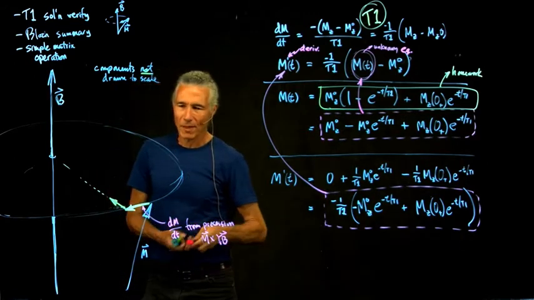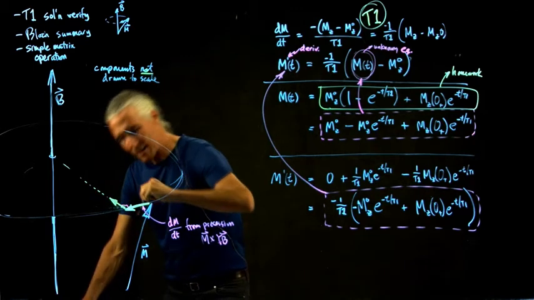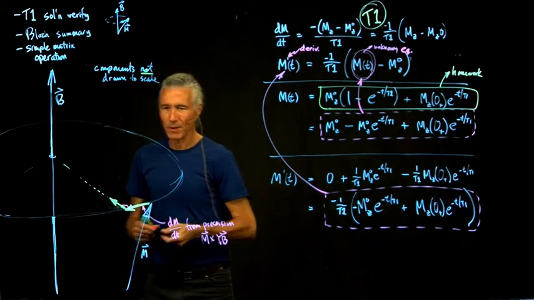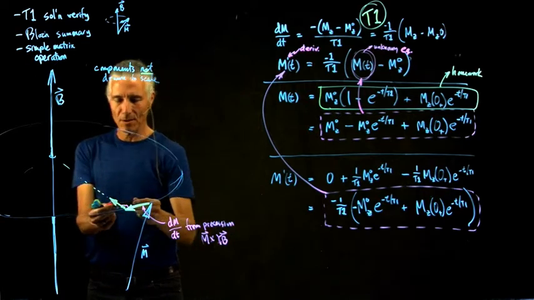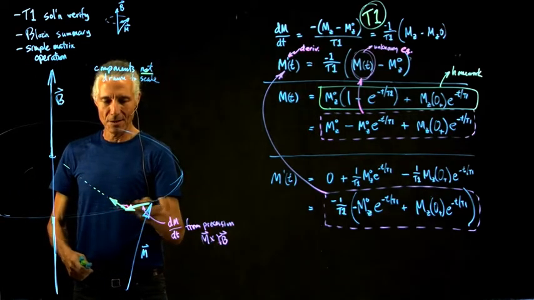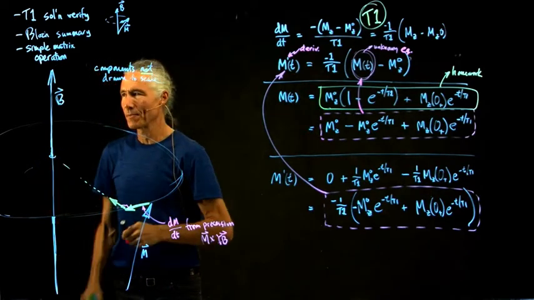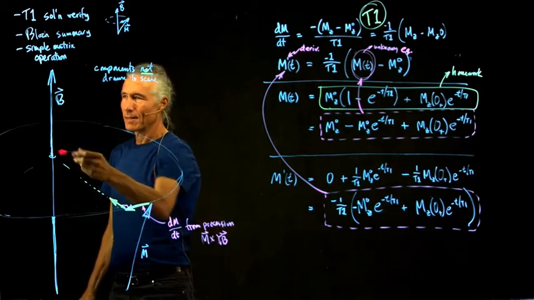It turns out that vector is always perpendicular to this vector. No matter where you are along the circle, if you point toward the center, you're always perpendicular to the tangent.